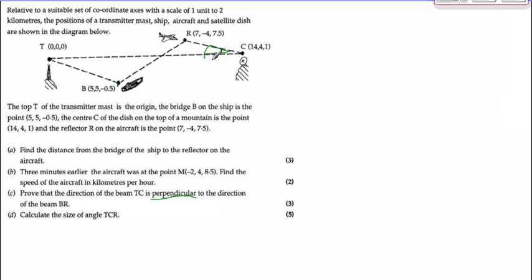Okay, so looking at part D, calculating the size of this angle, we need the vectors that point away from that angle. So we need CT and we need CR. I'll just do it down here this time. So cos theta is equal to CT dot CR over the magnitude of CT times the magnitude of CR.